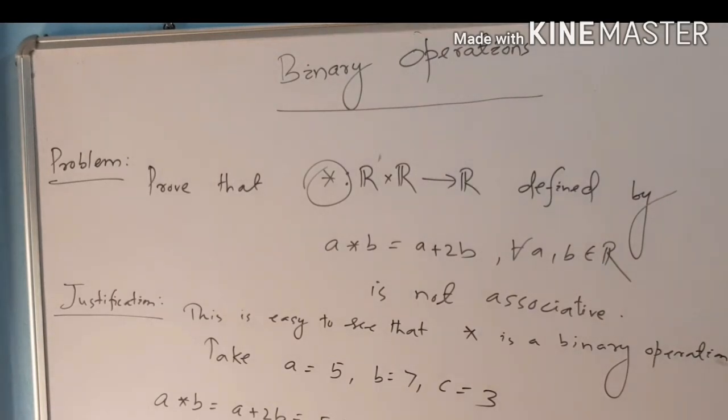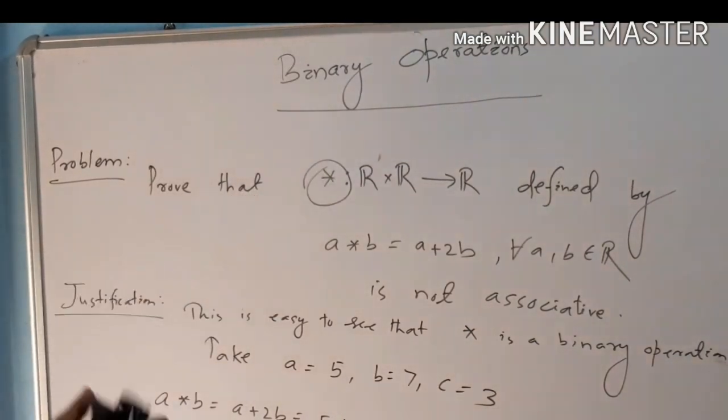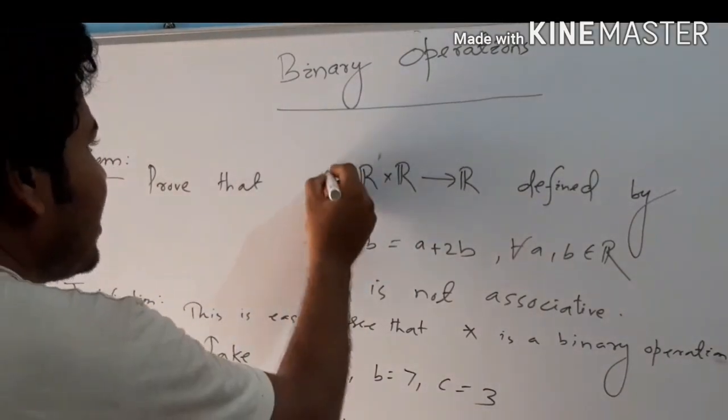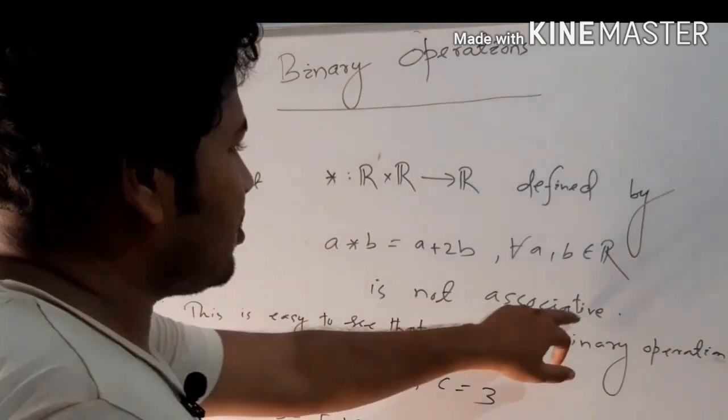Now I will discuss one problem on associative binary operation. Prove that star from R cross R to R defined by A star B equal to A plus 2B for all A, B belongs to R is not associative.